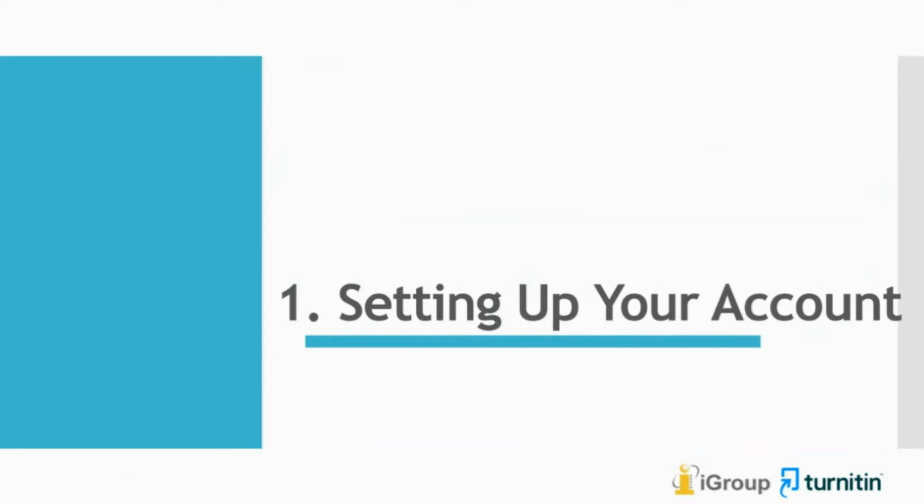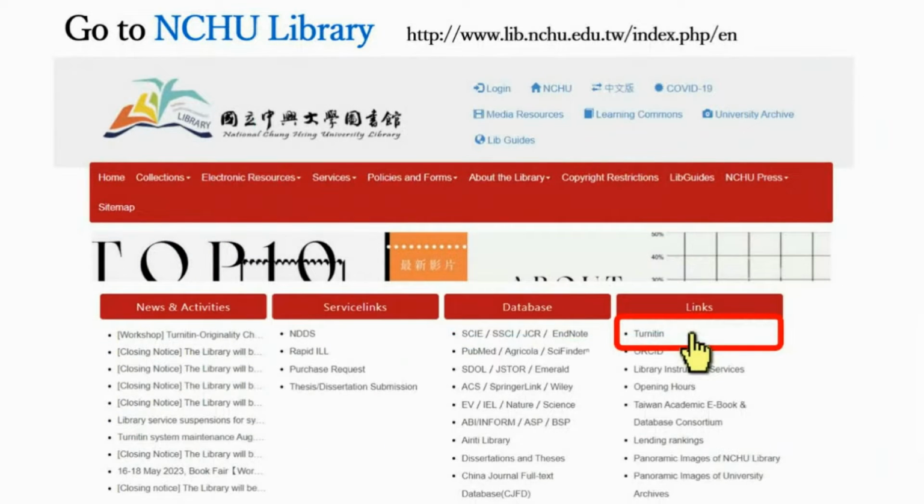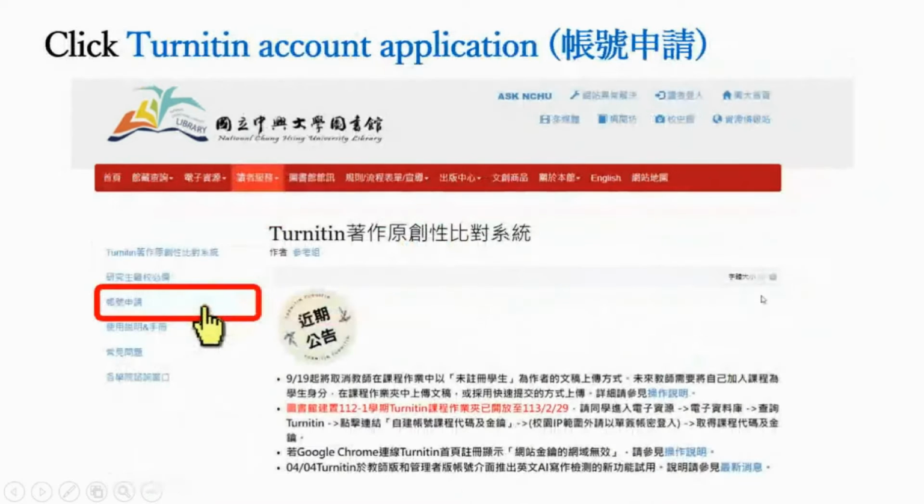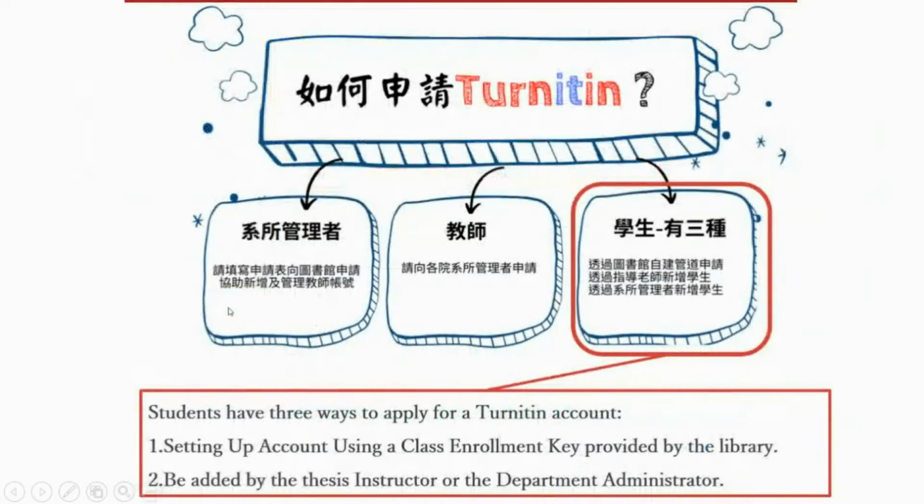Okay, firstly, we need to apply for a Turnitin account. Please go to the library website and click on the Turnitin link here. Next, you will see the link on the left-hand side in Chinese labeled 账号申请 Account Application. Please click on it.